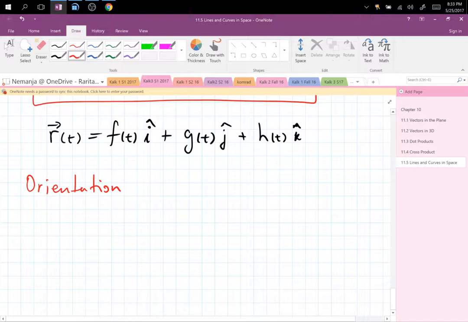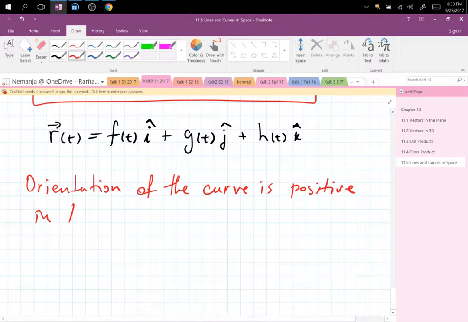Orientation of the curve is positive in the direction of increasing t.